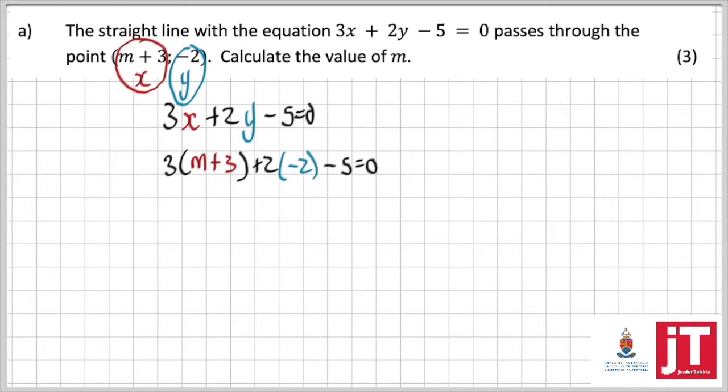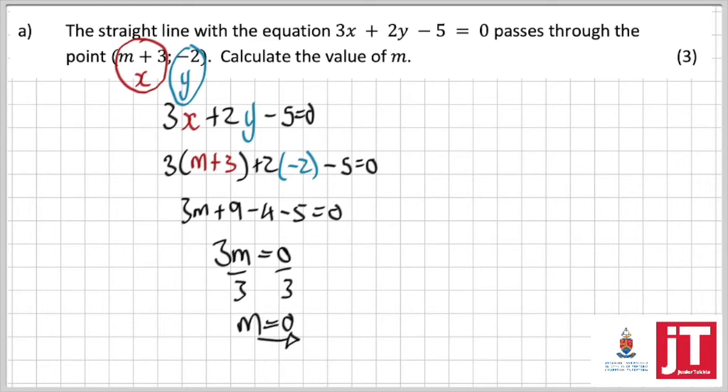And then that equation must hold because it says it lies on that line. I'm just going to go and solve for m now. Distributing out, oh my goodness, all the numbers become 0, so I'm left with 3m equal to 0. So therefore, m must be 0.